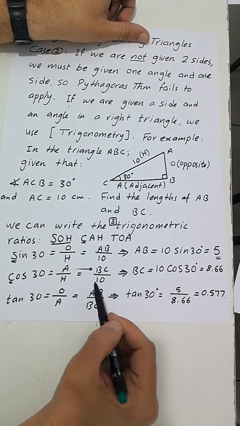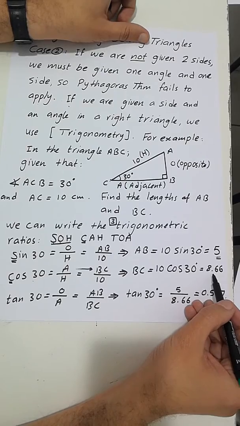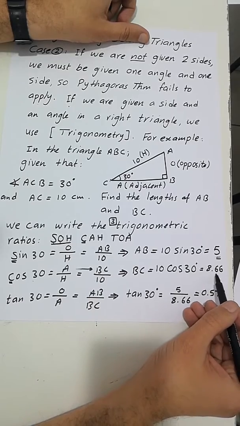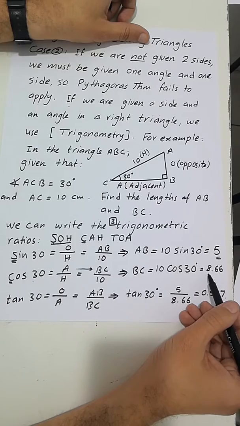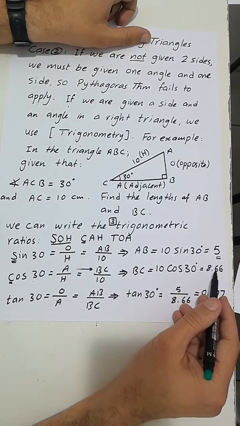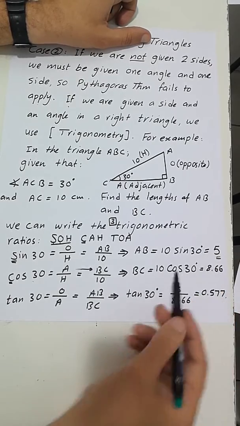By cross multiplying, 10 times cosine 30, to three significant figures. In the IGCSE exams we prefer to write or round our answers to three significant figures. So BC is 8.66.